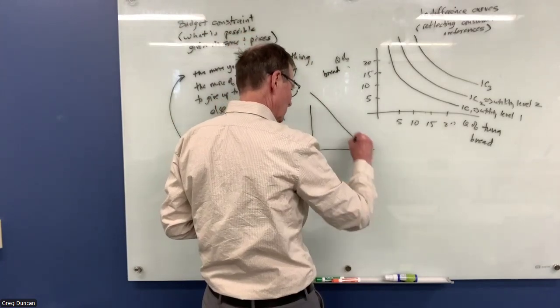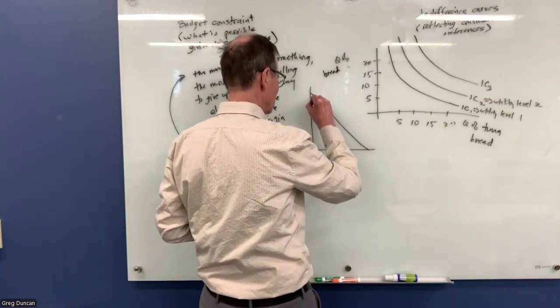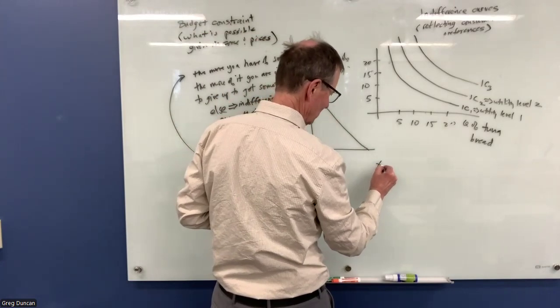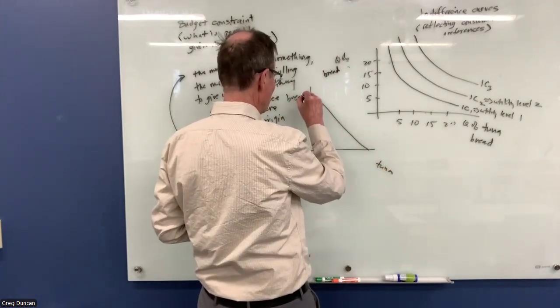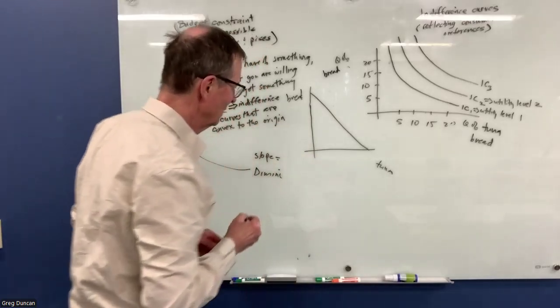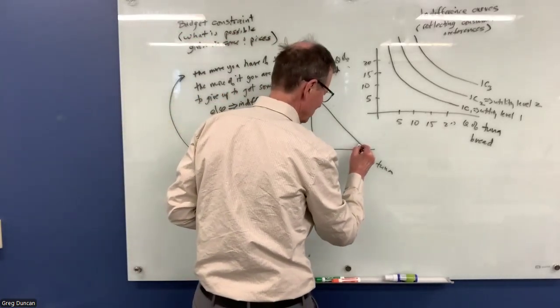We start out with a budget constraint. We still have tuna and bread here. This is the budget constraint.